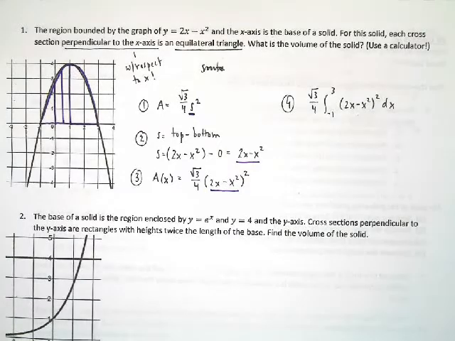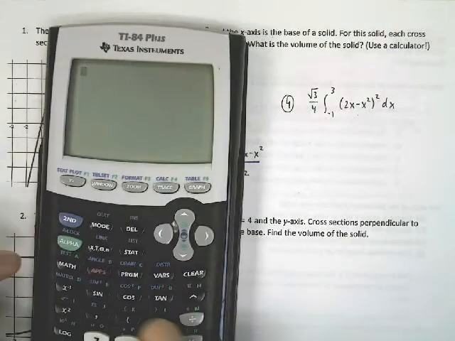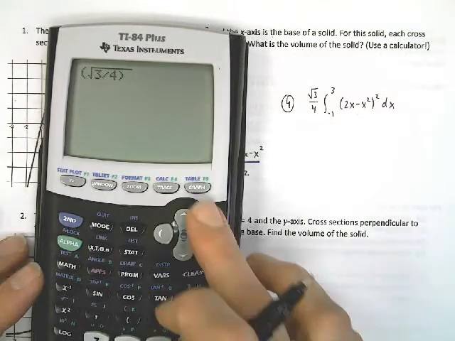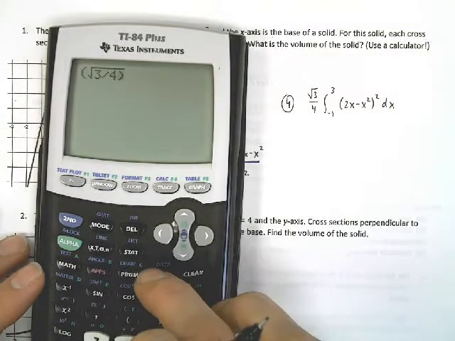And now this says we can use a calculator, so we're going to go ahead and do that. All right, so I've got square root of 3 divided by 4.